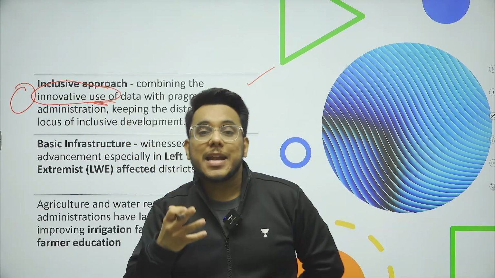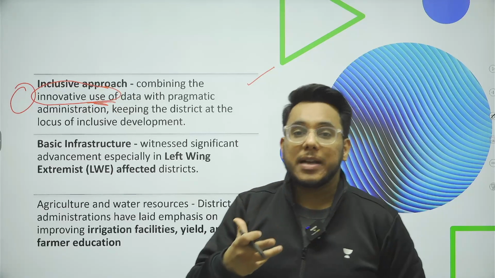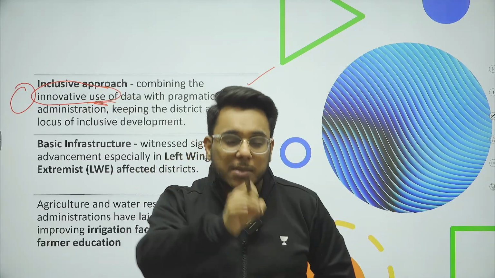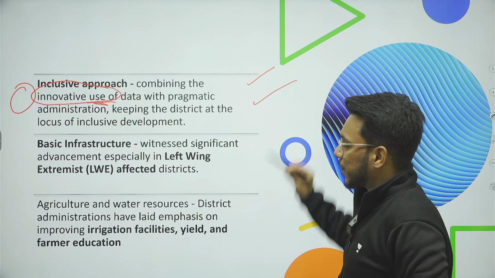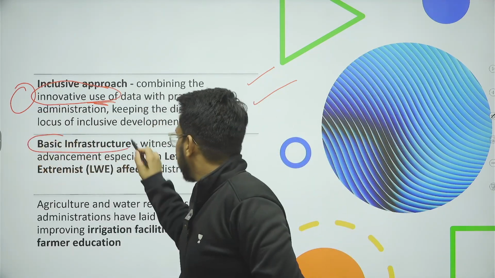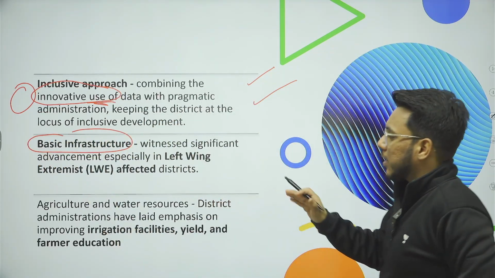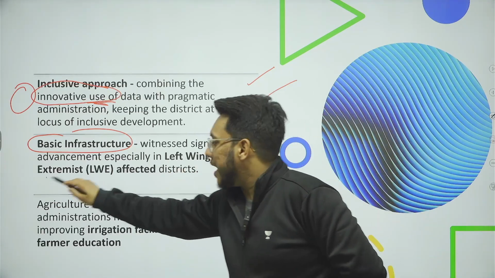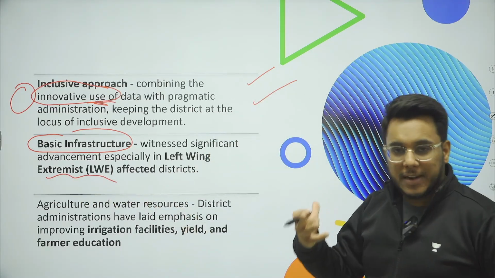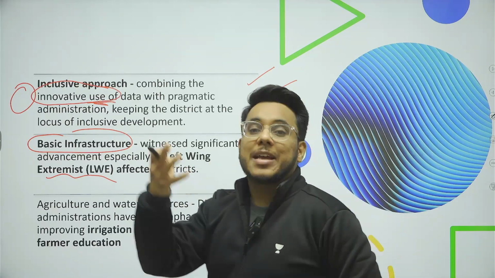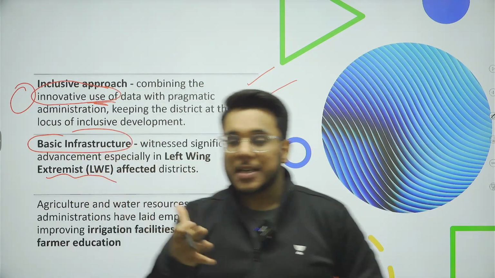On the basis of data, the schemes are being oriented and designed, and evidence-based decisions are being taken. Then basic infrastructure has also been developed. Because of that, there is advancement in left-wing extremist areas where Naxalite activities are very high.